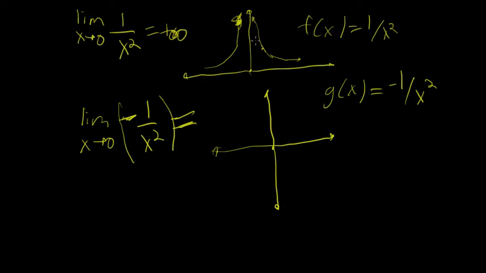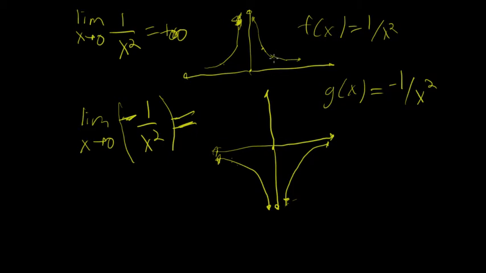So every y coordinate is going to be flipped over the x-axis. To get the negative of any function, you graph it by flipping the original function over the x-axis, because for every point x, y, there is a point x, negative y.